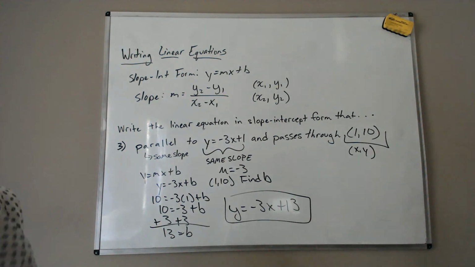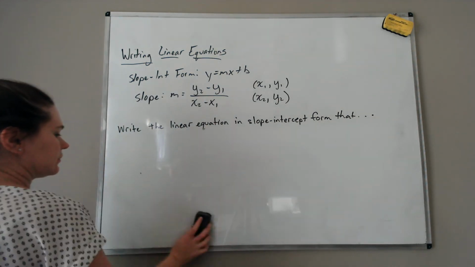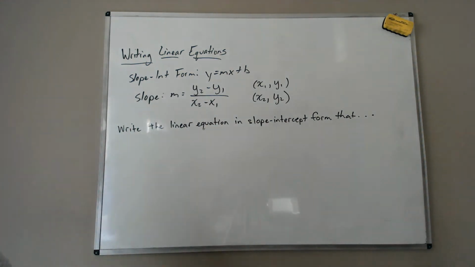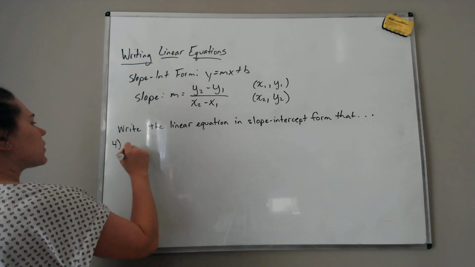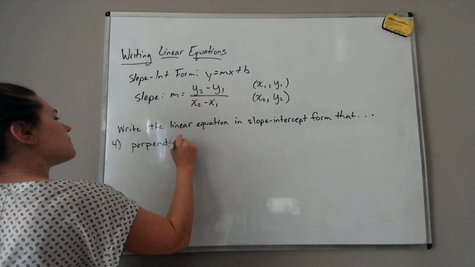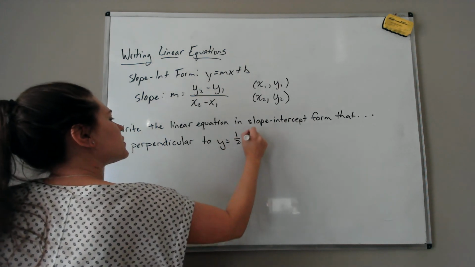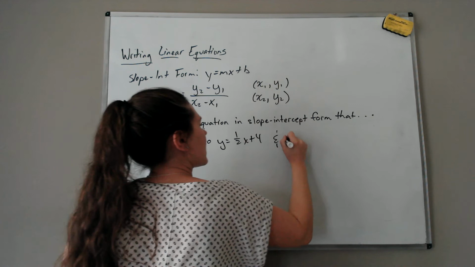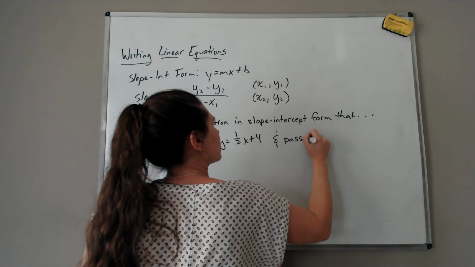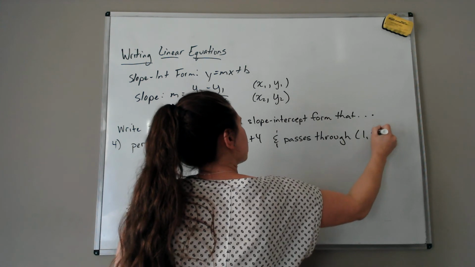And one more problem. Number 4. Write the equation of the line perpendicular to y equals 1/2 x plus 4 and passes through (1, 5).